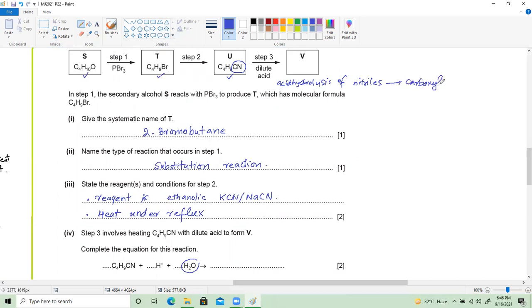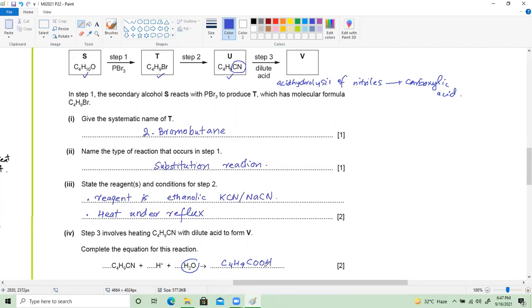So a carboxylic acid should be made. C4H9CN combining with HCl and water, you should produce C4H9. The nitrile group converts into the carboxylic acid.